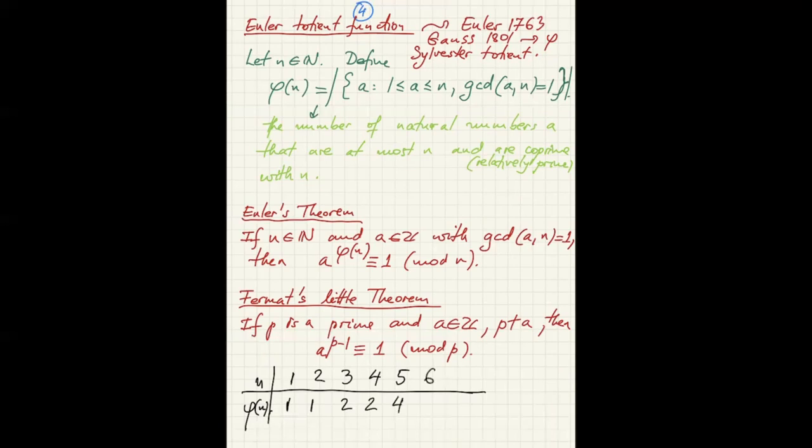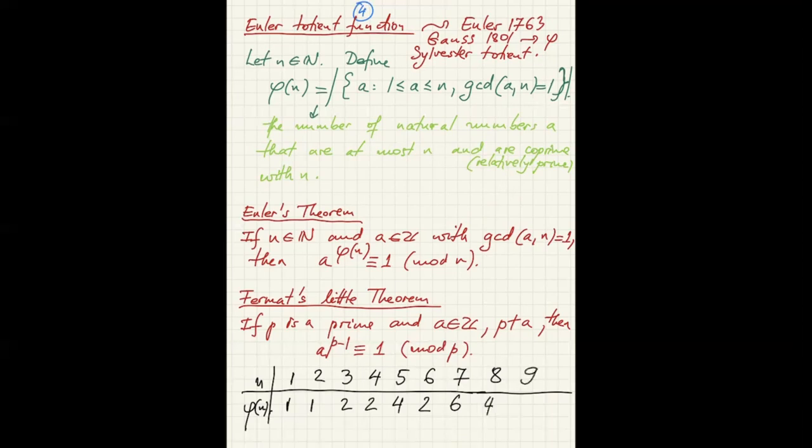And then the function at 6: 2, 3, 4, and 6 don't work, so 1 and 5, so that goes back to 2. And then at 7, it goes up again, you have 6 numbers. And at 8, all the odds are co-prime: 1, 3, 5, 7.